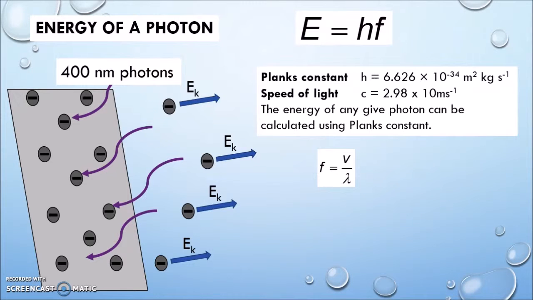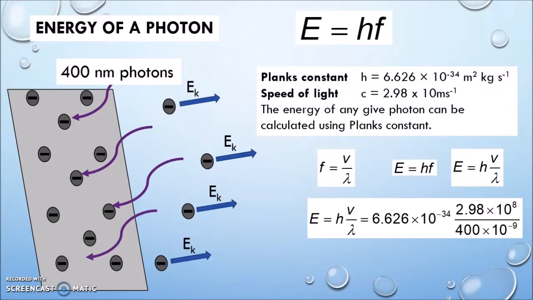If we're given the wavelength, like the 400 nanometers on the left here, I can find the frequency first, and then find the energy by using Planck's constant times the frequency. Or I can combine these two together to get this equation. I do that here, and my answer for the energy of this 400 nanometer photon is 4.936 times 10 to the negative 19 joules.